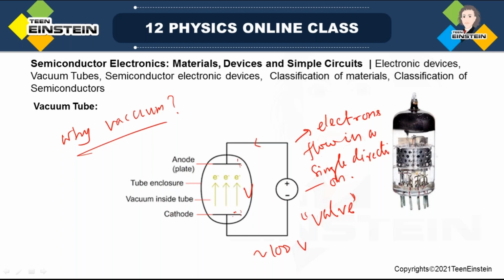Electrons can flow in only one direction in the vacuum tube, so they are called vacuum valves. Vacuum tubes are bulky and consume a lot of power, so they are not reliable or portable.